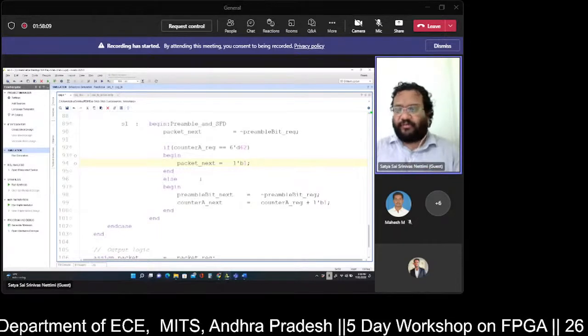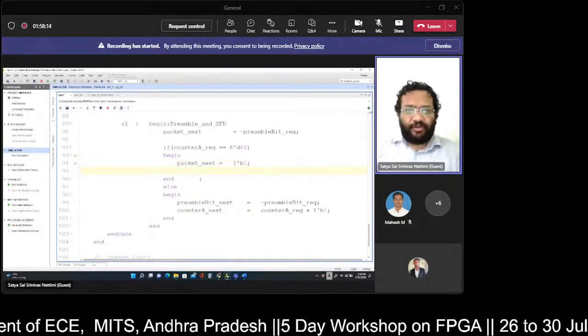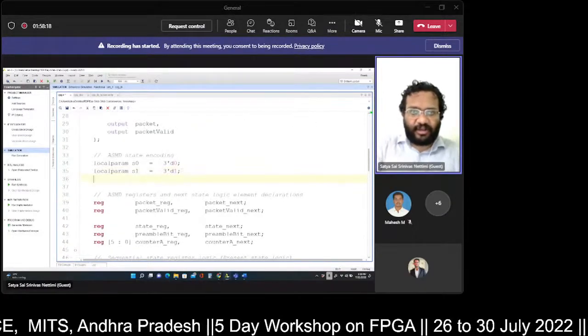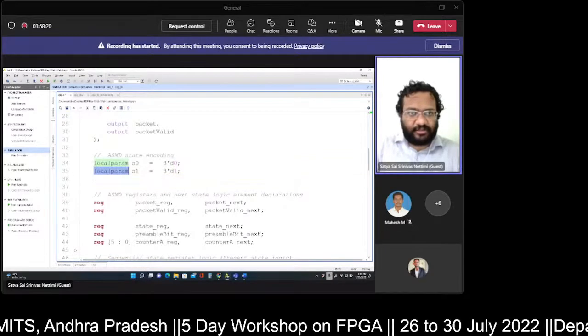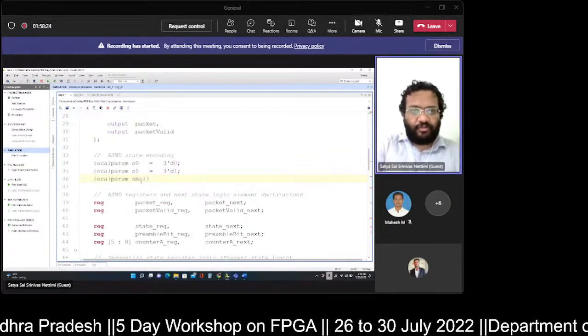This is 1 tick B1. And next it should jump to the S2 next state. So we have not declared any next state over here. So let me declare local param S2.